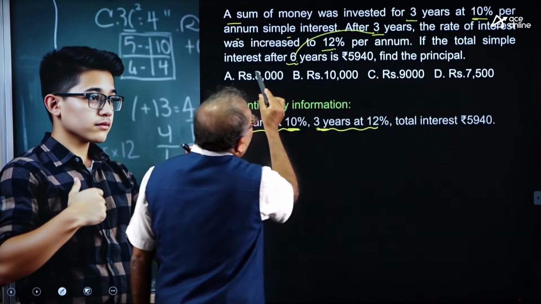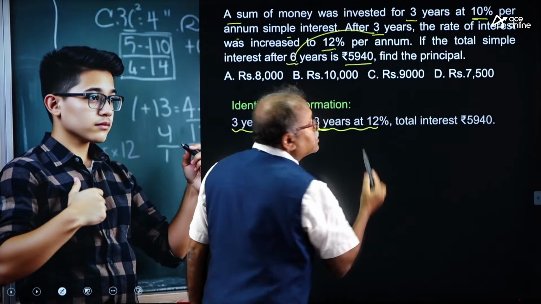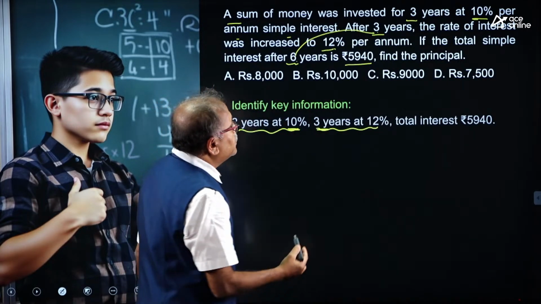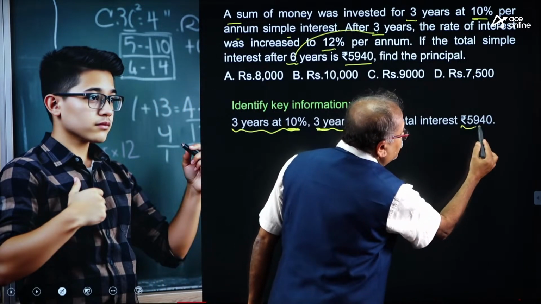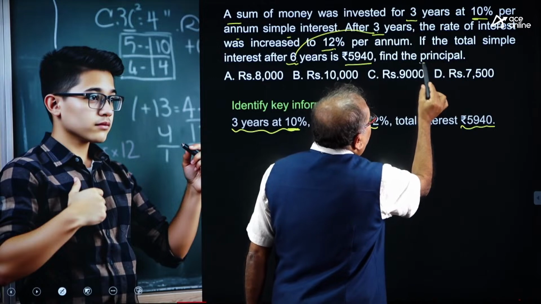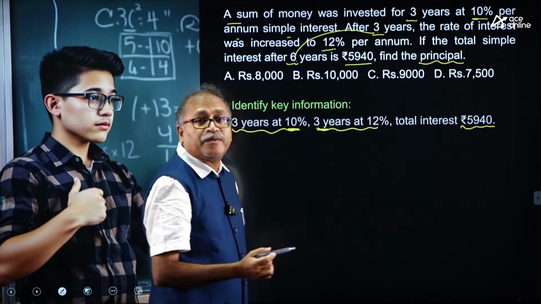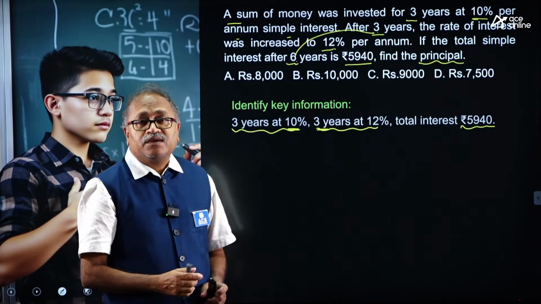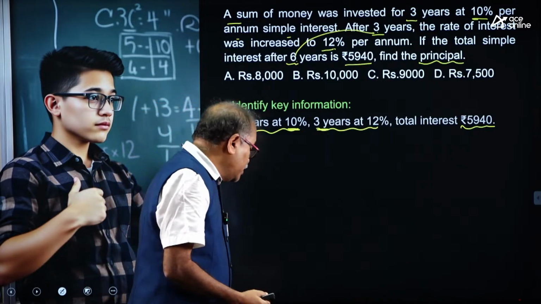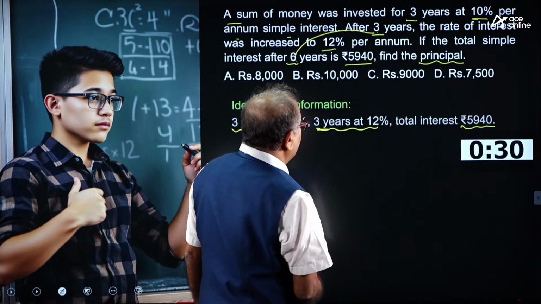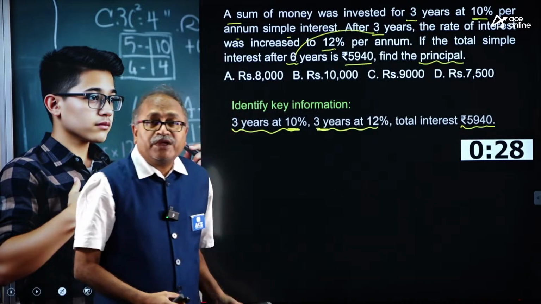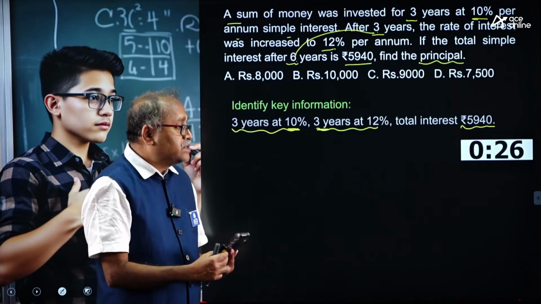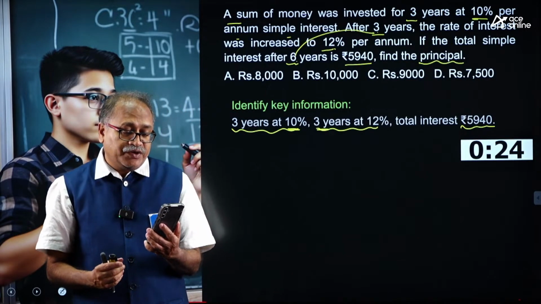If the total simple interest for 6 years is rupees 5,940, then what was the principal? This is a simple interest, easy question. So, take your 30 seconds, and after you complete, I will discuss this question with the best possible method.